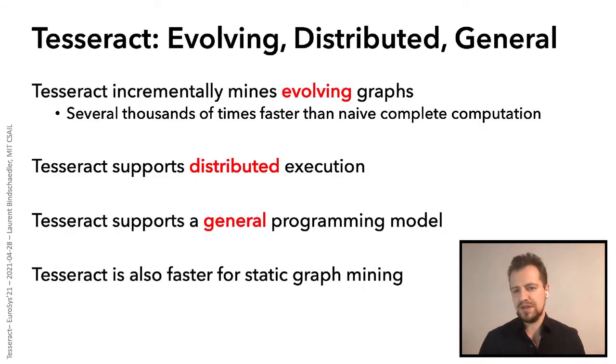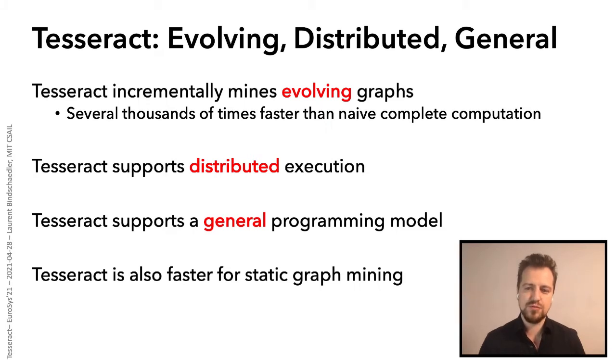So this is the problem that our system, Tesseract, is designed to solve. Tesseract incrementally mines evolving graphs, which is generally thousands of times faster than naive complete computation of the new match set after the updates. Intuitively, this is somewhat expected because updates to the graph have generally a local effect. For example, an update should only affect the vertices in its neighborhood.